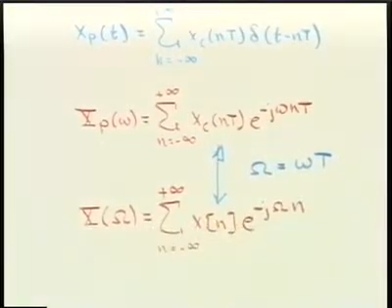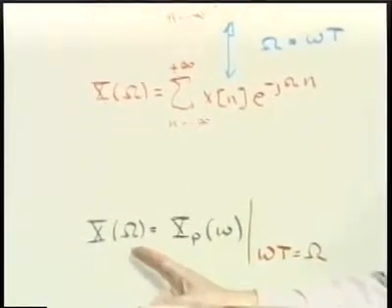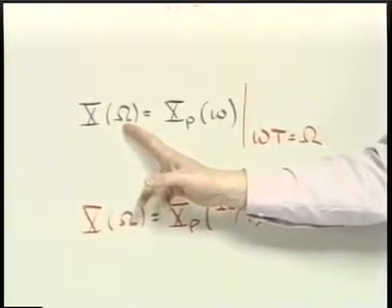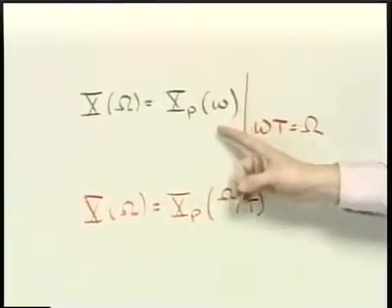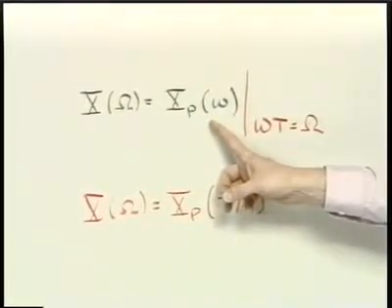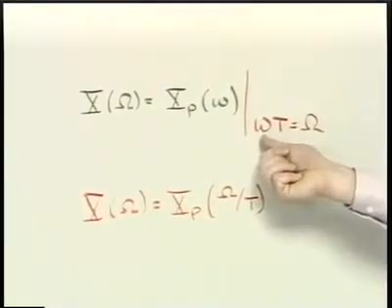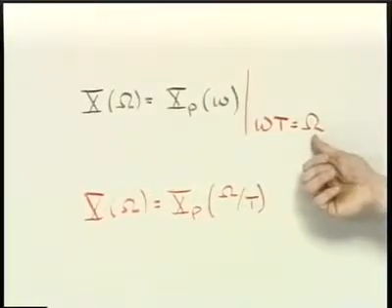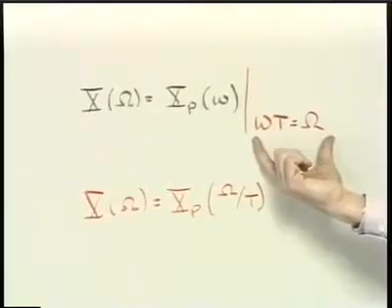So in fact, these two are equal with a relabeling, or a transformation between small omega and capital omega. And so the relationship that we have is that the discrete time Fourier transform of the sequence of samples is equal to the continuous time Fourier transform of the impulse train of samples, where we associate the continuous time frequency variable and the discrete time frequency variable through a frequency scaling, as I indicate here.